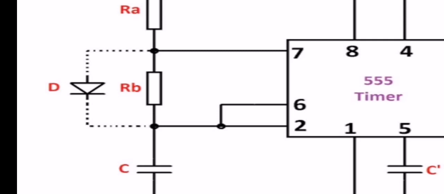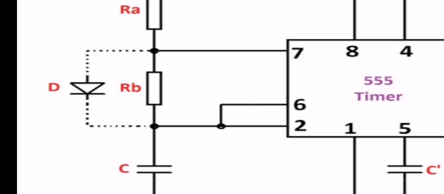Now I will summarize the working of this diagram of the Astable Multivibrator using 555 timer. When the circuit is switched on, the capacitor voltage will be less than 1/3 VCC. So the output of the lower comparator will be high and of the higher comparator will be low.